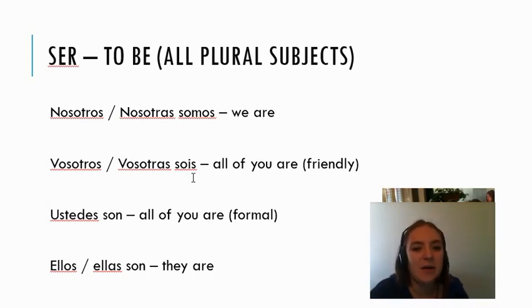Okay, notice how all three of these are using the word are in English, but in Spanish they each get their own word for are. You've got somos, sois, and now son. So all of you are is ustedes son, and the last group is they. So ellos or ellas son, they are. If I want to say, oh, they're cool, I would say ellos son muy guay.